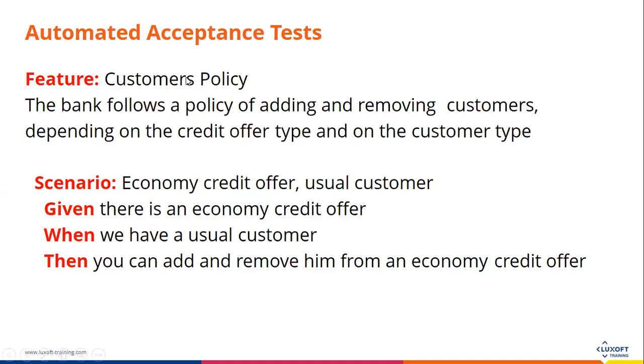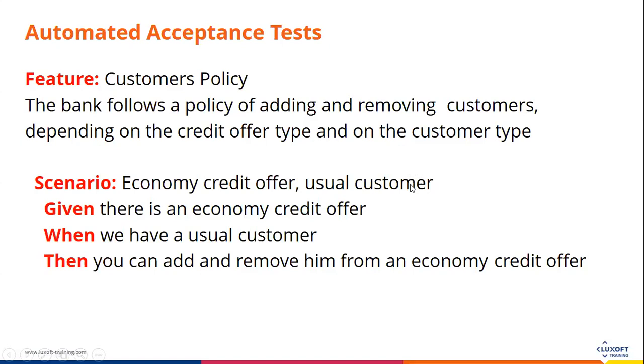The bank follows a policy of adding and removing customers depending on the credit offer type and on the customer type. And then we may have a few scenarios. A scenario means that we match one credit offer type with one customer type: economy credit offer, usual customer.